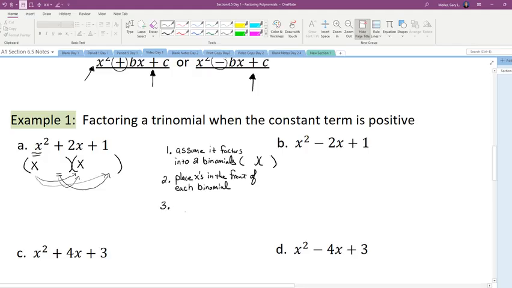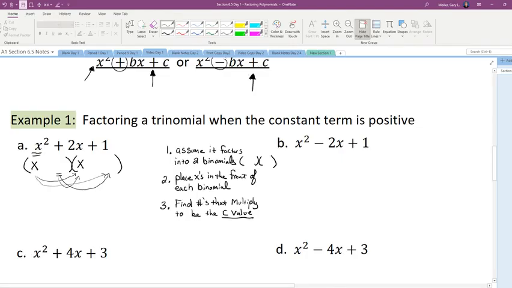So I'm going to say on step 3, find numbers that multiply to be the C value. If you check out how we wrote the rule here, we've got plus c, so they're all of this form.